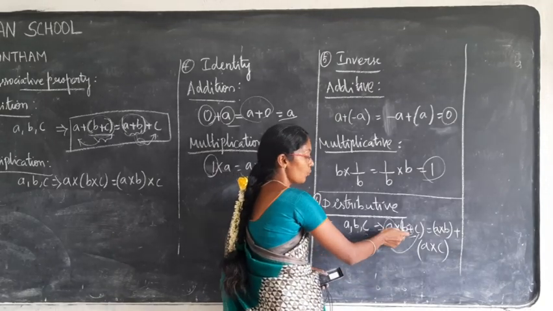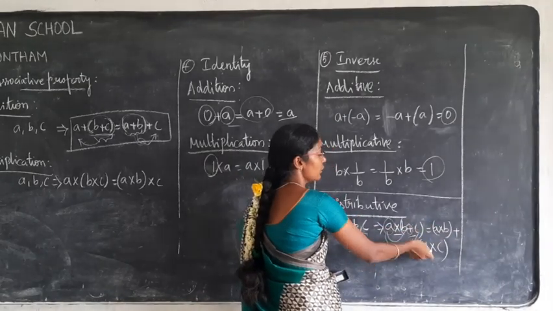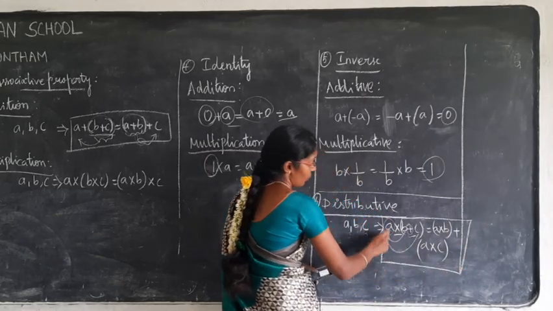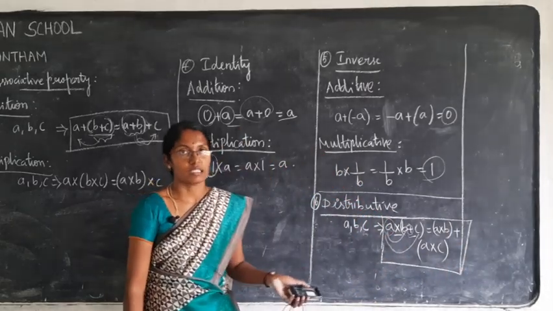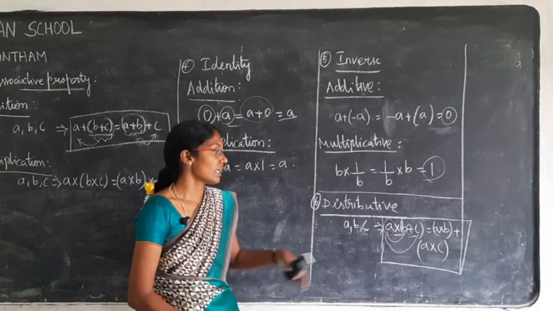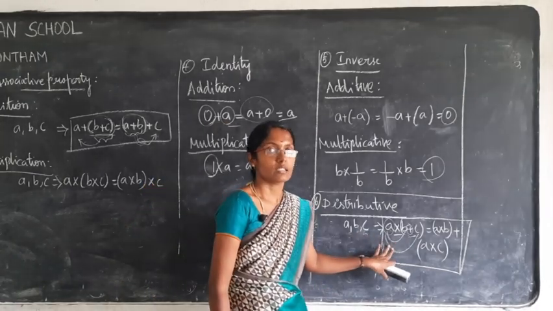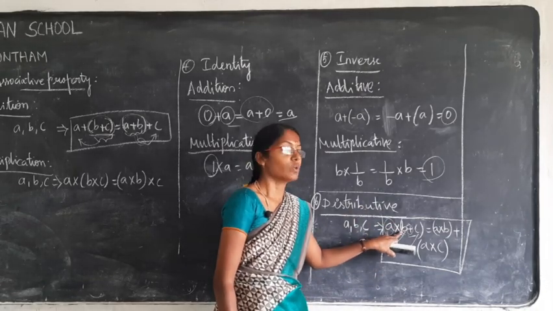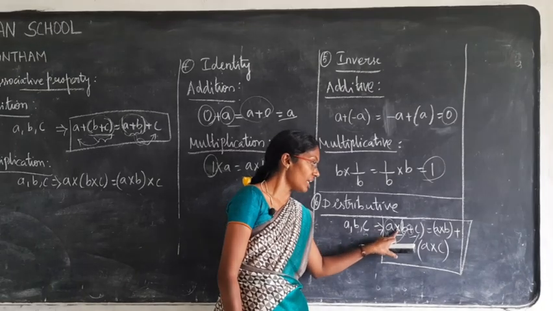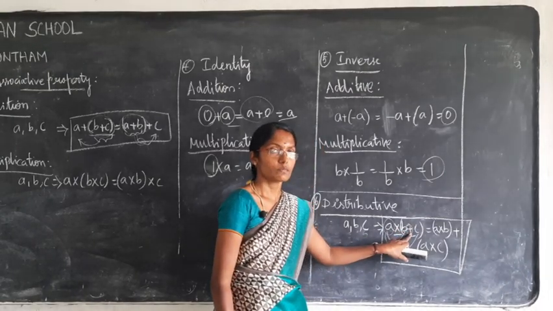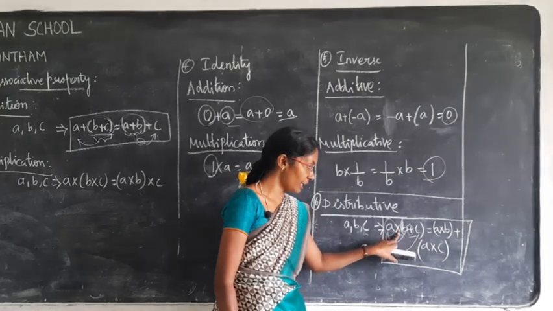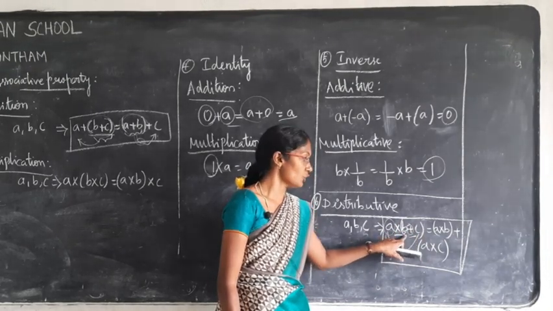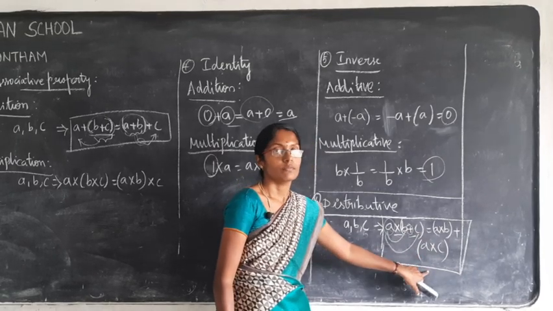Okay, so this is the standard distributive property. We can see the example in the exercise itself. Since it takes so long, you can see it in the exercise. So what is the distributive property? It is distributivity of multiplication over addition, that is a into b plus c is equal to a into b plus a into c. Clear?